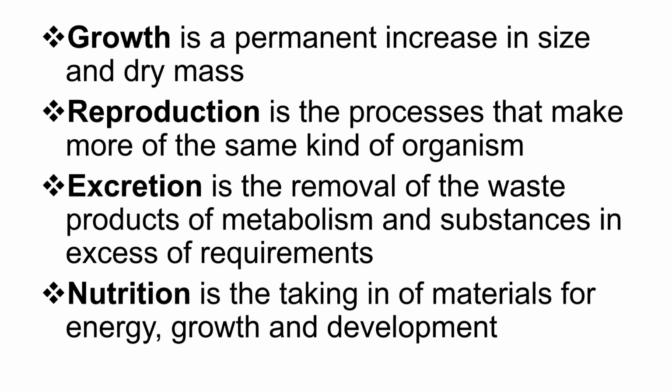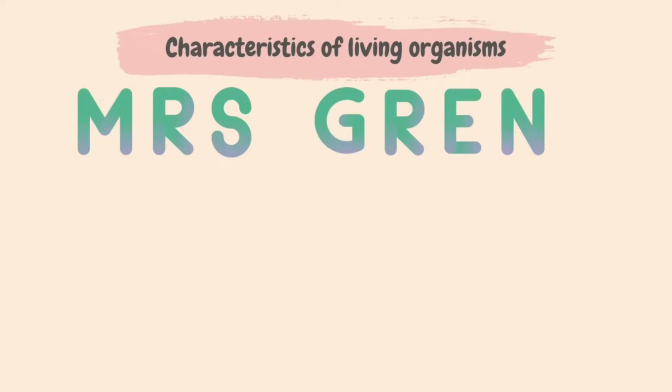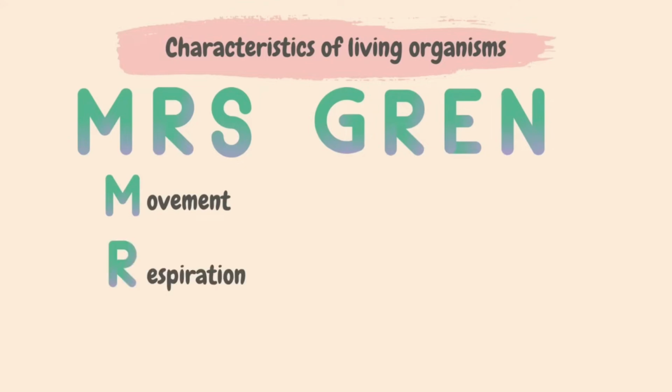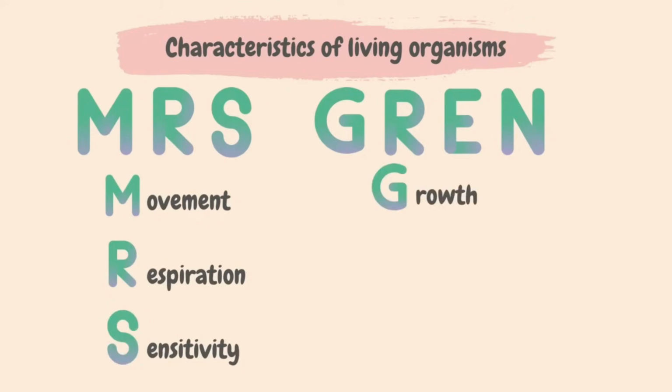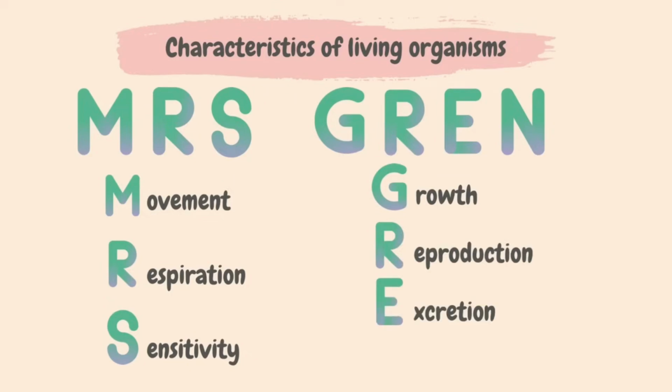So to make it easy to memorize the 7 characteristics of living organisms, you can use the mnemonic Mrs Gren. M for movement, R for respiration, S for sensitivity, G for growth, R for reproduction, E for excretion, and then N for nutrition.